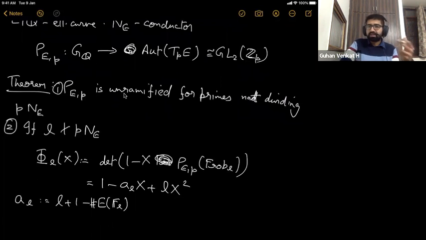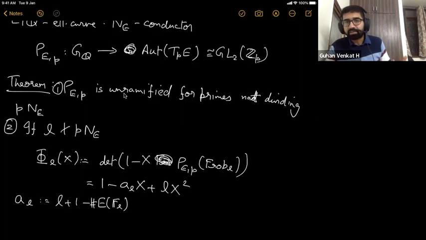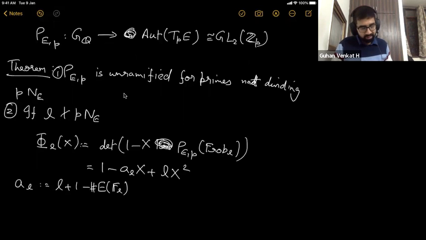Once you have integers, you can reduce the equation modulo any prime, and for some good primes, you'll get elliptic curves over finite fields. Then you can look at the points on this elliptic curve over the finite field. It will be a finite set, bounded by ℓ plus 1, so this is a well-defined quantity.